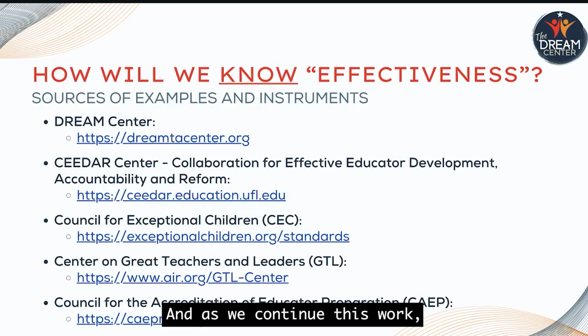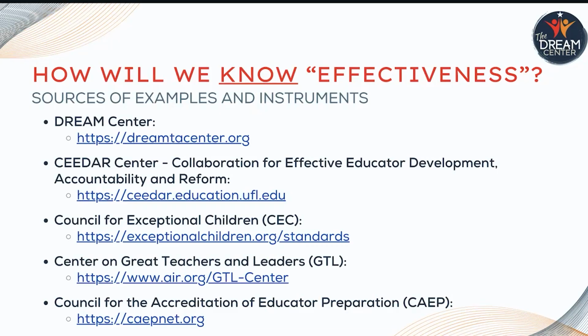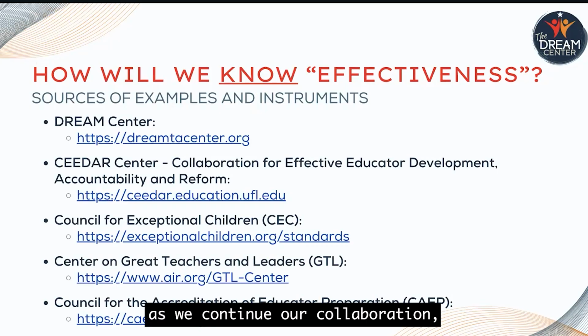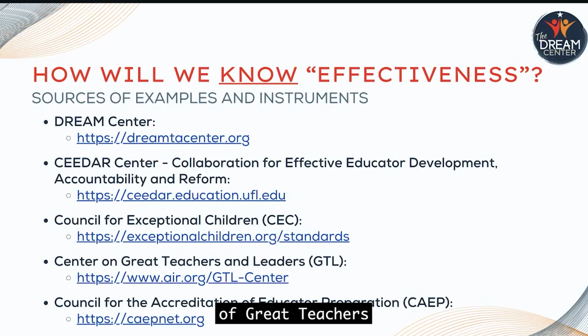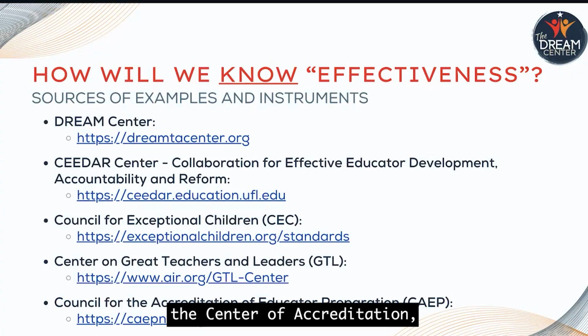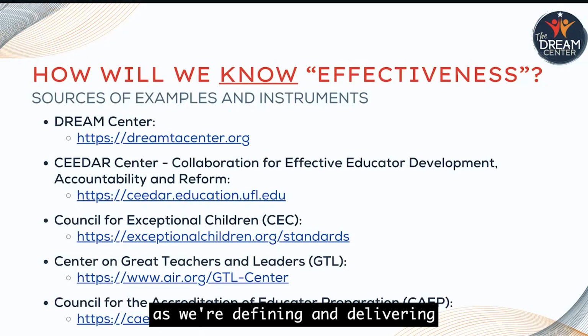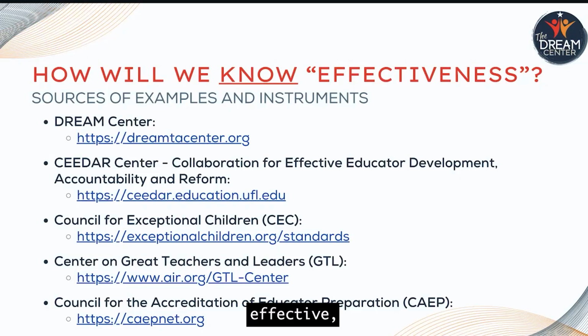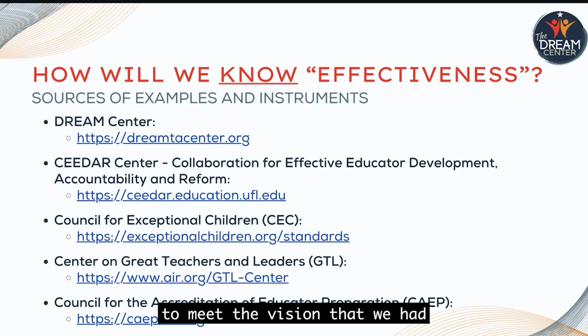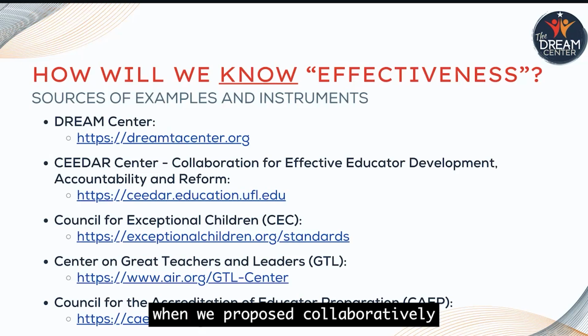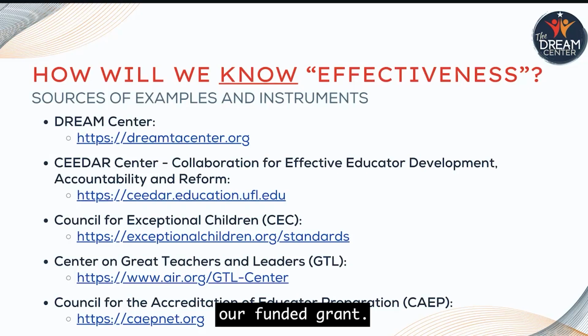As we continue our collaboration with the DREAM Center, the CEDAR Center, the Council for Exceptional Children, the Center for Great Teachers and Leaders, and the Center for Accreditation, all that we've had those conversations with, we are defining and delivering effective collaborative educators to meet the vision that we had when we collaboratively proposed our funded grant.